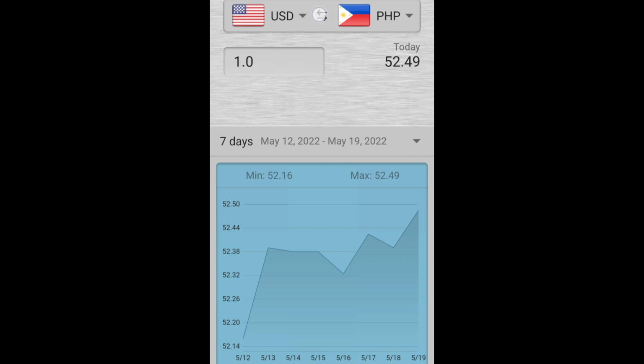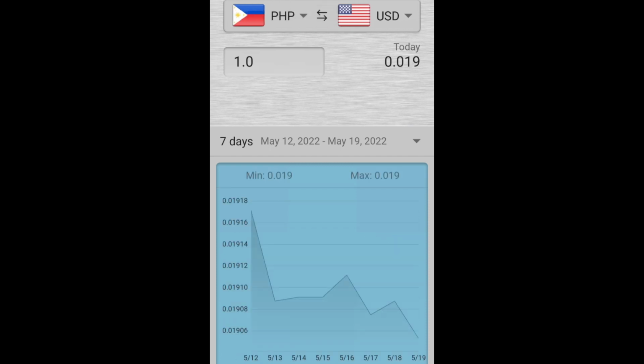That's the USD to Philippine peso. If we interchange it to Philippine peso to USD, we have this data. And that's all for US dollar to Philippine peso foreign exchange update.